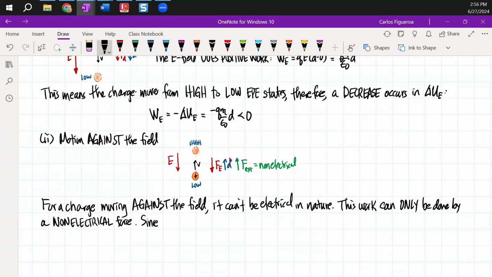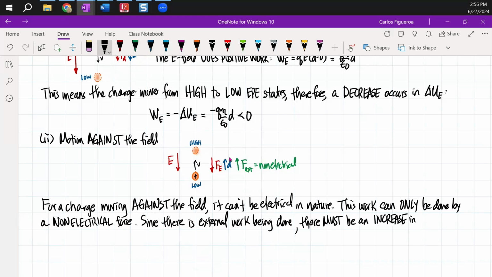Since there is external work being done to the system, there must be an increase in electrical potential energy.